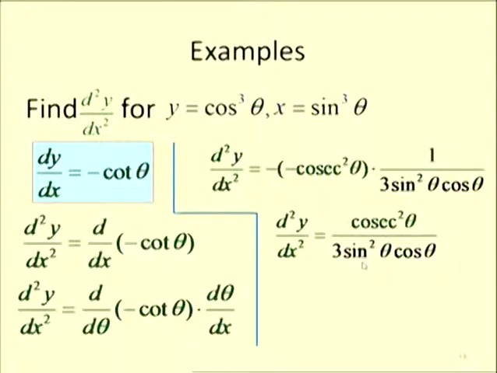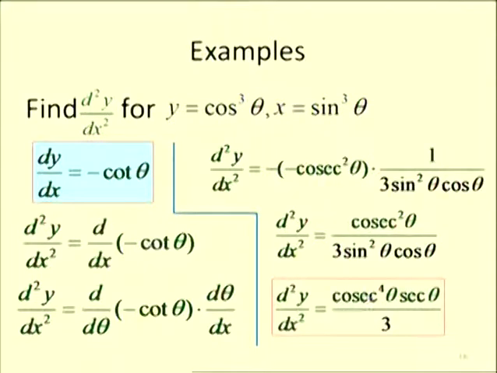So here it is minus into minus will be plus, cos square theta upon 3 sin square theta into cos theta. Now 1 upon sin square is cosec square theta, and already cosec square theta is there in the numerator, so it will become cosec raised to 4 theta, and 1 upon cos theta becomes sec theta.